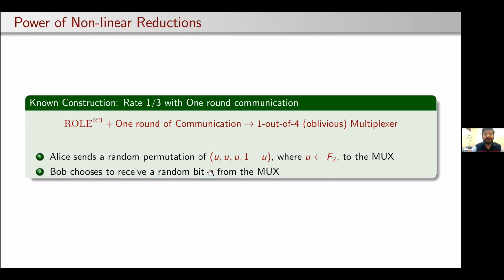Bob chooses to receive one random bit from the multiplexer. So observe that Bob receives the same bit as Alice sent, the bit U, with probability 3 by 4, and Alice does not know whether Bob received the bit or not. I want to emphasize that this is the current state of the art that uses 3 samples and 1 round of communication to achieve what I illustrated in the previous slide.